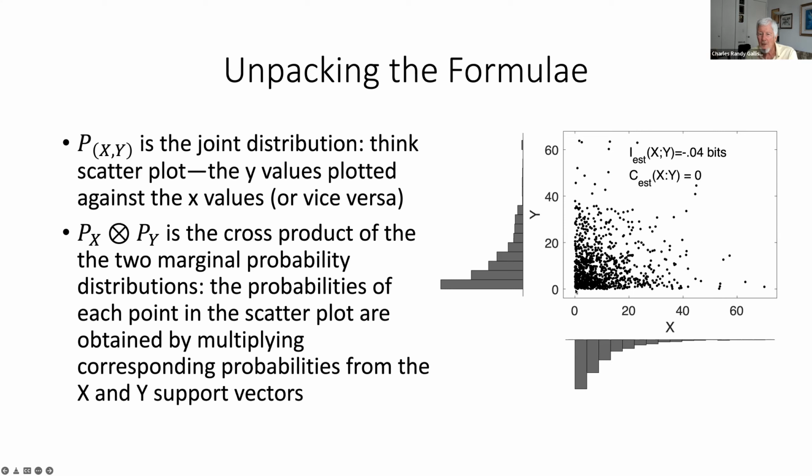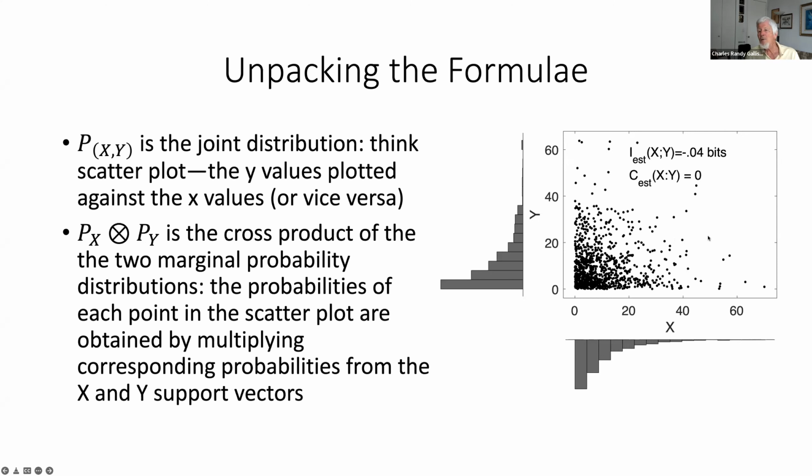When we make a slice like this, we're looking at all the different values of X that we observe when Y is very close to 0. Okay, that's what all these points are. Whereas if we make a slice up here, we're looking at all the different values of X that we observe when Y is equal to 20.